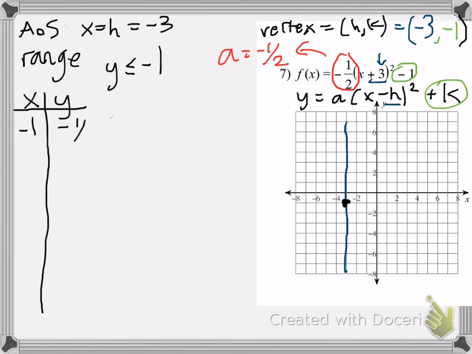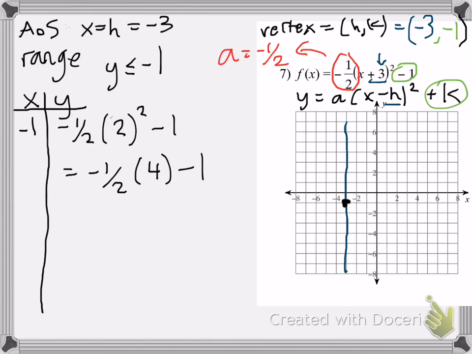Well, then I'll have -1/2 times -1 plus 3 is going to be 2, and then I'll square that, minus 1 equals -1/2 times 4 minus 1.